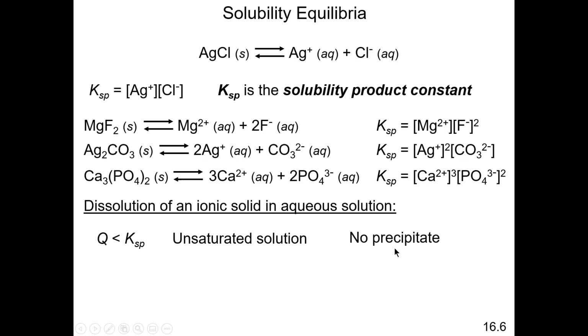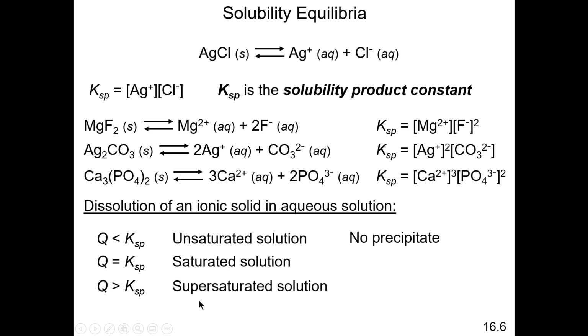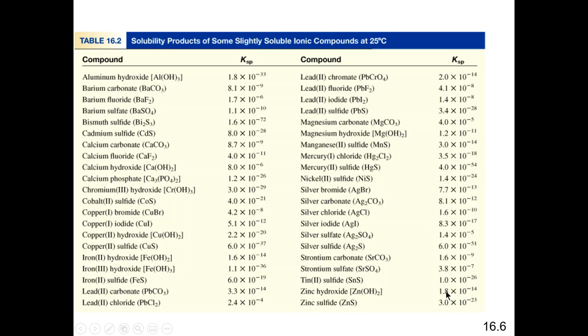If Q is equal to Ksp, that means that the solution is saturated, and when Q is greater than Ksp, that means that the solution is supersaturated, which means that you'll have the spontaneous formation of a precipitate. So we can make some predictions as to whether a precipitate will form depending on the relationship between Q and Ksp, whether or not Q is greater than Ksp.